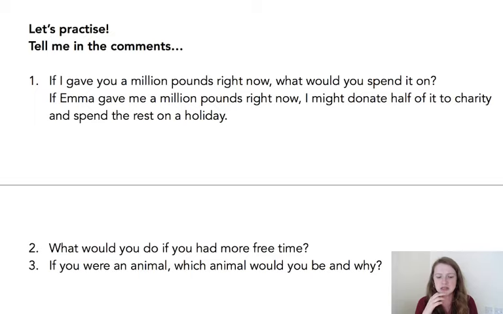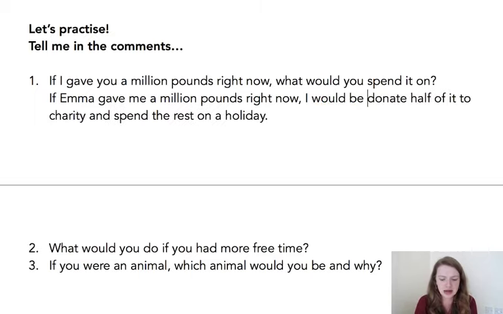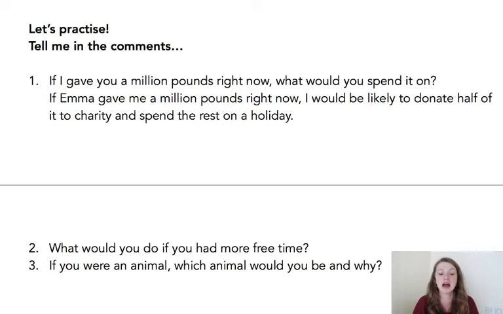No, if Emma gave me £1 million right now, I would be likely to donate half of it to charity. You would still need the would. I would be, so you would use I am likely to, be likely to. You would stick with that structure. I would be likely to donate half of it to charity.